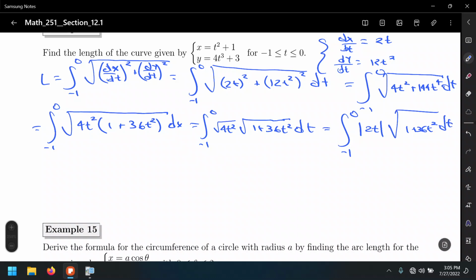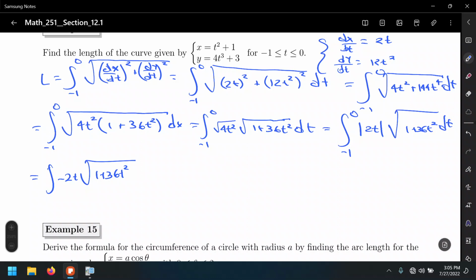And yes, whenever you define this absolute value of 2t, you can either have the negative 2t or the positive 2t, and that's going to depend on whether t is positive or negative. And in this case, if you observe the limits of integration, they are on the negative side. So that absolute value of 2t will be negative 2t times the square root of 1 plus 36 t squared.